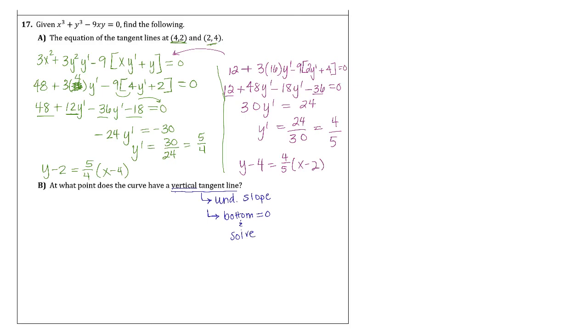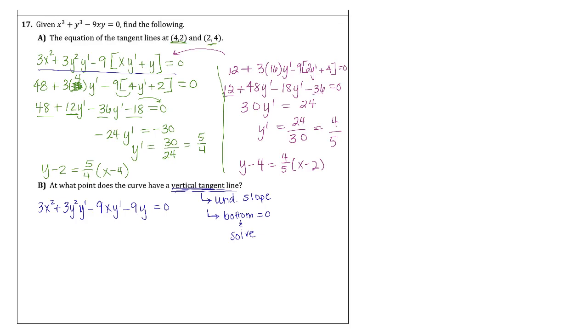Every time you see vertical tangent, those are the things you need to be thinking. So we're going to take our derivative that we had up here, and we need to rearrange it to see what's going to be in the denominator. So we're going to have 3x squared plus 3y squared y prime minus 9xy prime minus 9y equals 0.